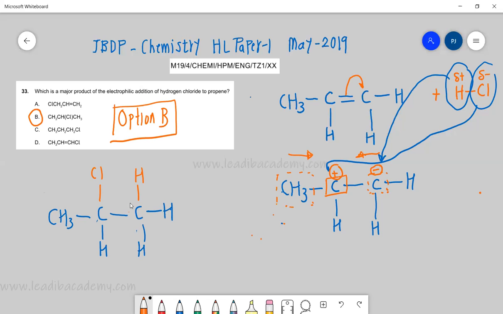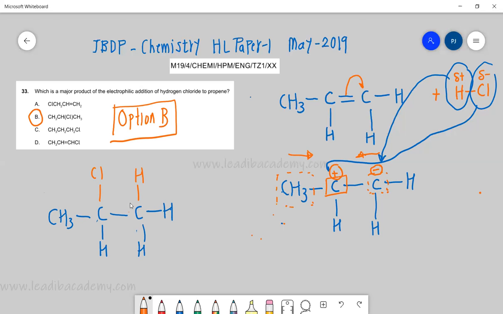Okay, so what Markovnikov's rule says is that hydrogen will get attached to the less substituted carbon.